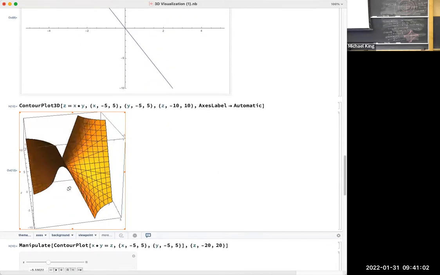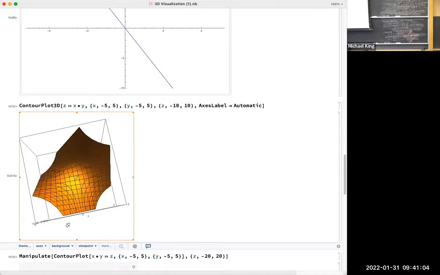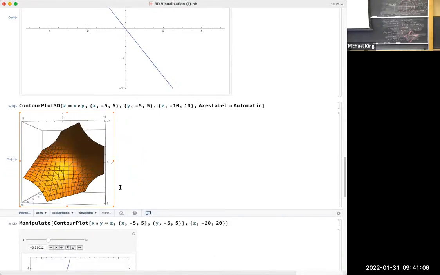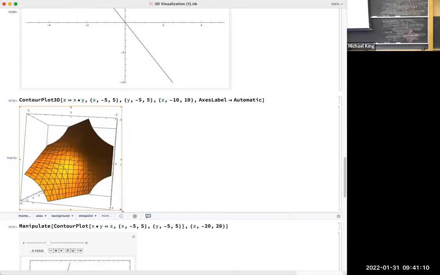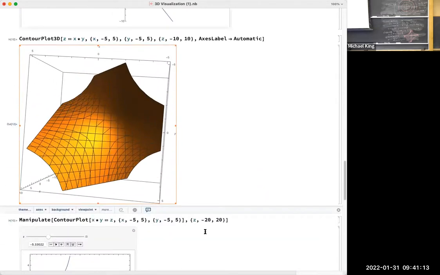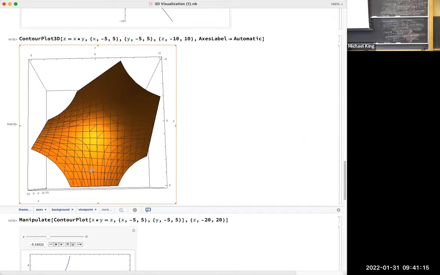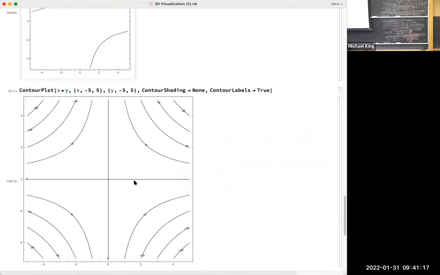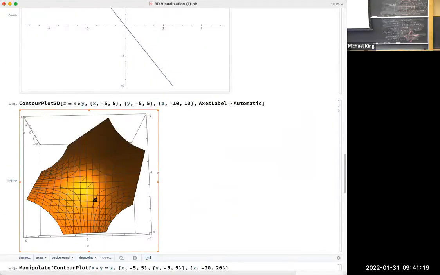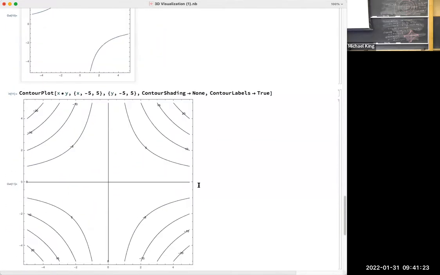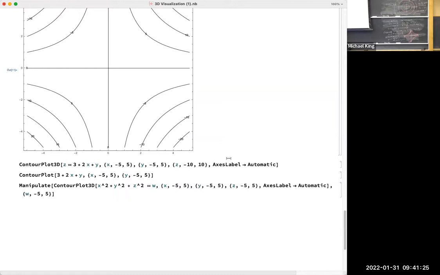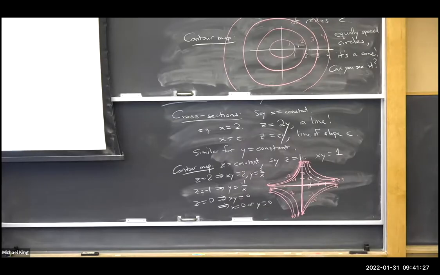And then again, the contour plot you can see from above, right? If I sort of turn this that way. That's the contour map right there. You can see it from above. Okay, so we're building up. Any questions about any of this so far?